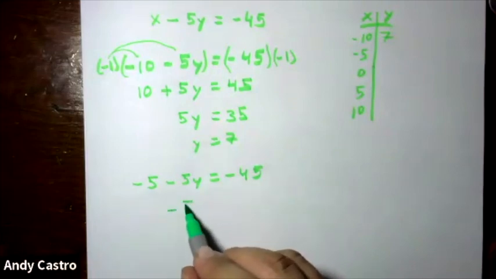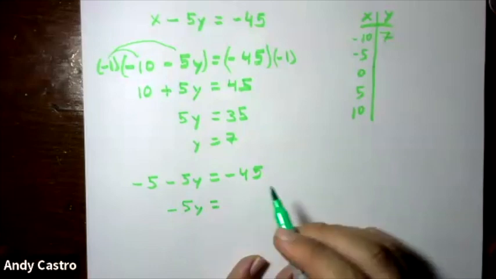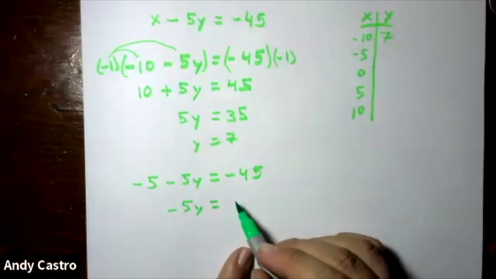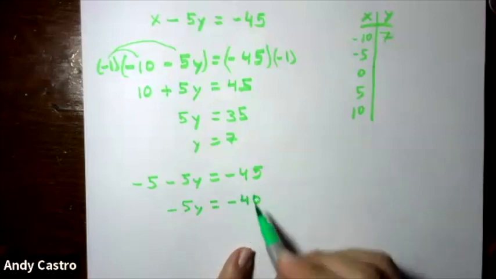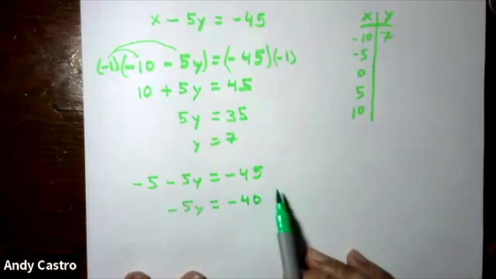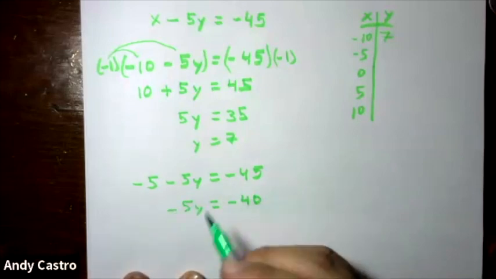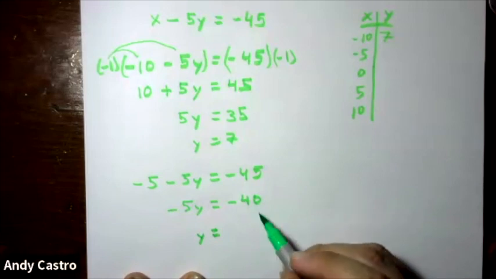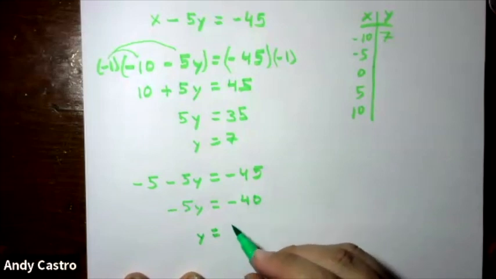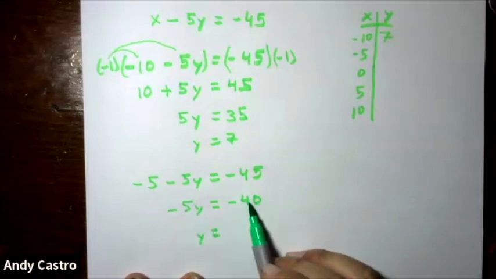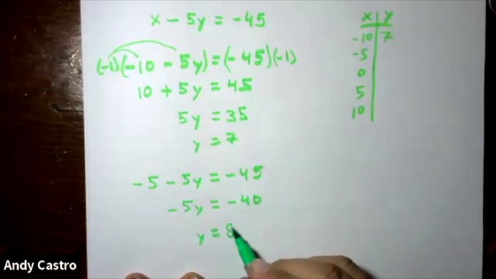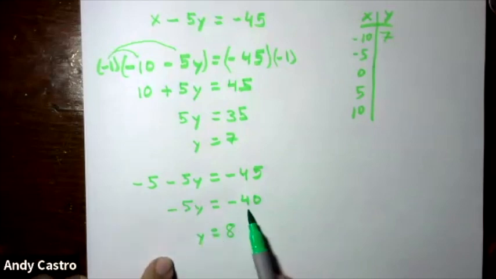That leaves me with -5y, and if I add 5 to -45, that leaves me with -40. Then if I divide both sides by -5, y has to be 8, because -5 times +8 is -40.